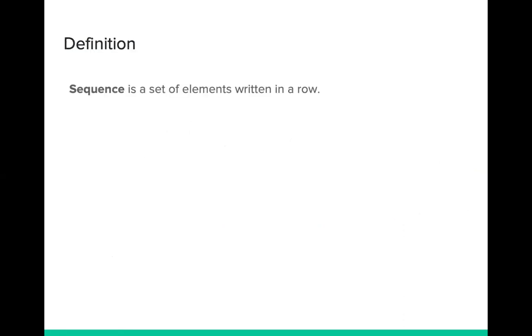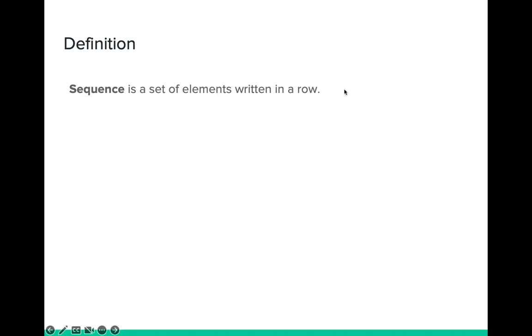And a sequence is a function whose domain is either all of the integers between 2 integers or all the integers that are greater than or equal to a given integer. So we typically represent a sequence as a set of elements written in a row.